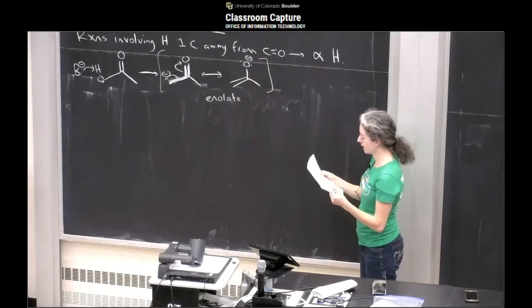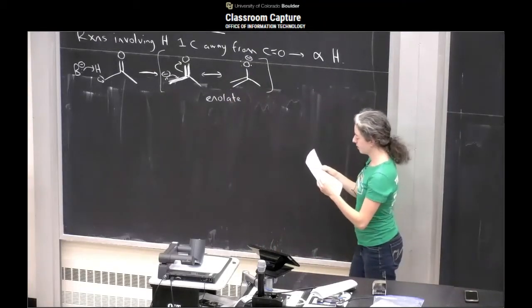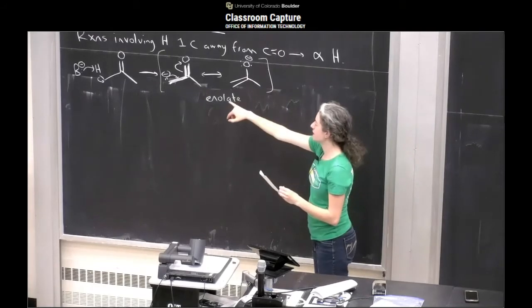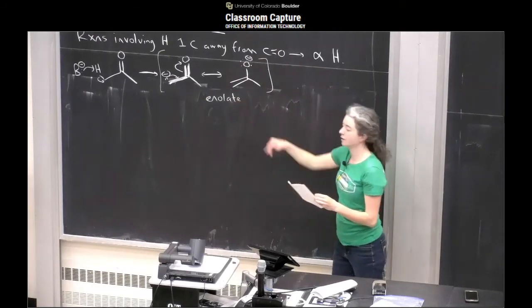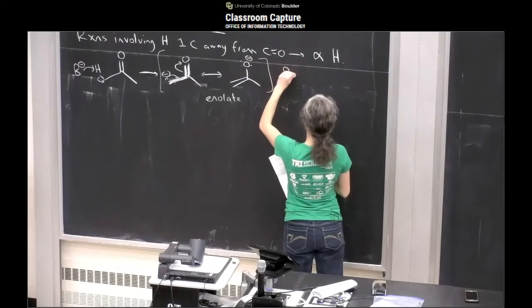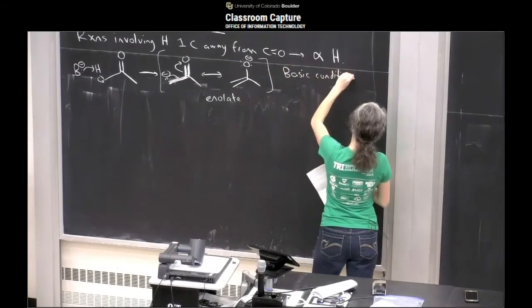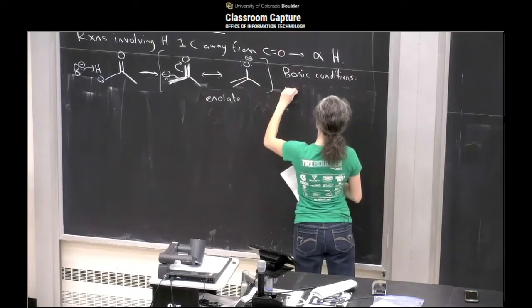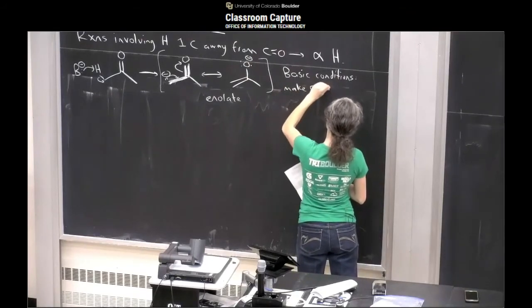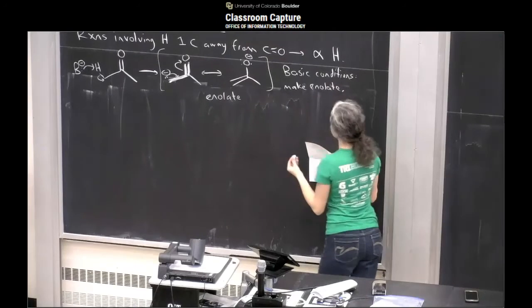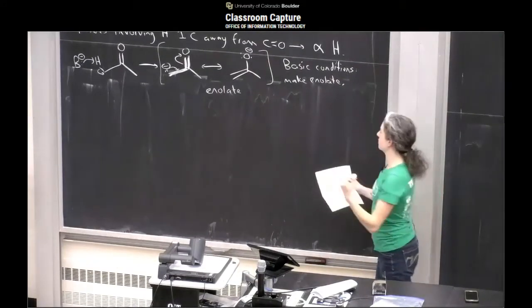There's a ton of things that can happen there. We might be seeing this in basic conditions, in which case it's probably going to go through the enolate, and then you're going to attack something with the enolate.